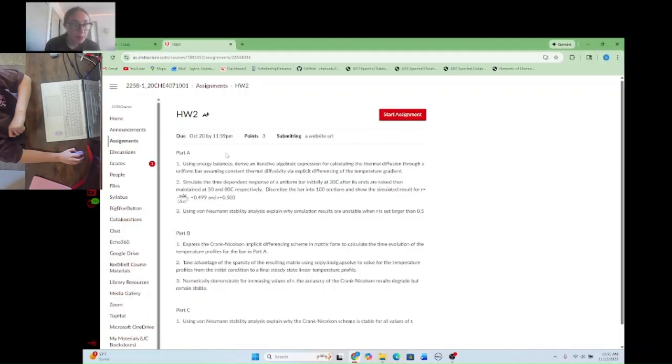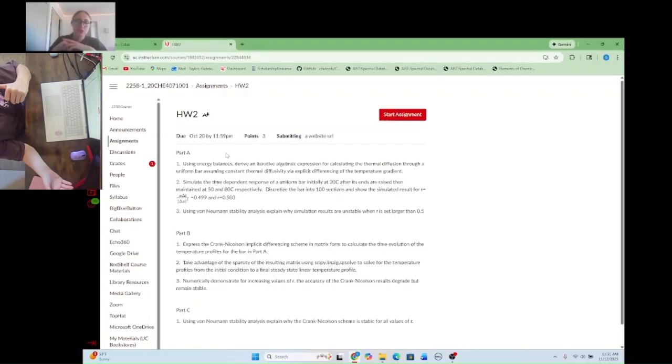We'll be doing part A2. So what it says is we're going to simulate a time-dependent response using the uniform bar initially at 20 degrees Celsius. So that's going to be at steady state. After it ends, it's raised to maintain 50 and 80. So on the left, that end is going to be held at 50 degrees, and on the right it's going to be 80 degrees Celsius, respectively.